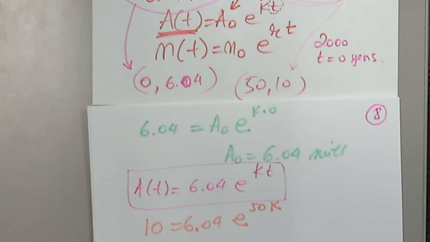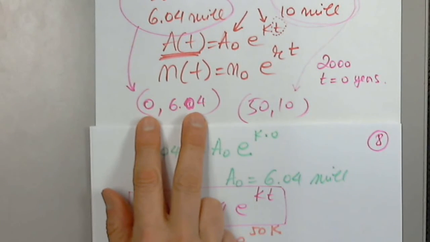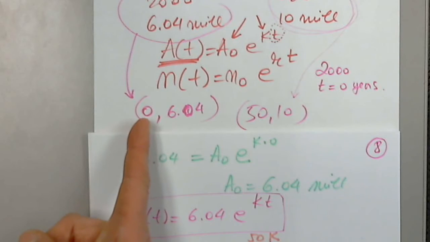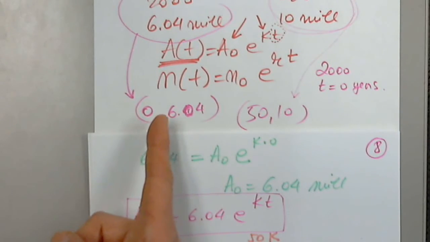I'm not sure this is clear. Let's review this. Which part is not clear? Maybe I didn't manage to convince you. Maybe I should say more about this. So any ordered pair on a function, on the graph or that verifies a function, works this way.